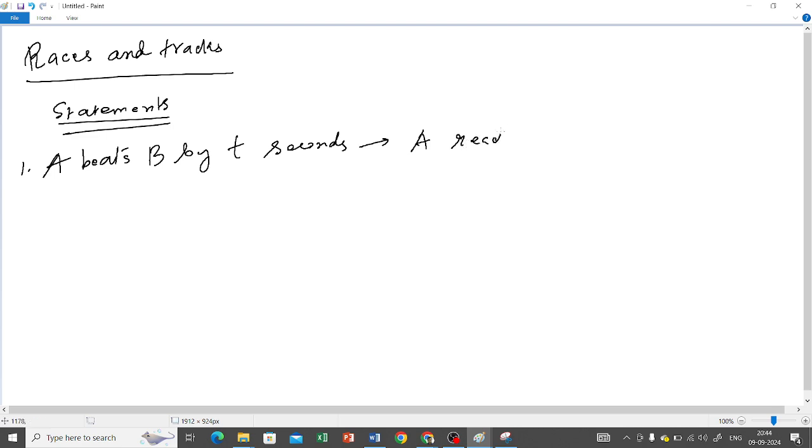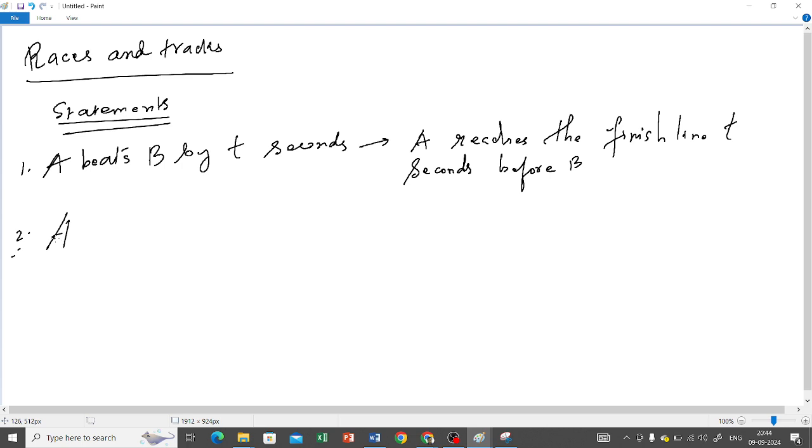A beats B by t seconds means A reaches the finish line t seconds before B.